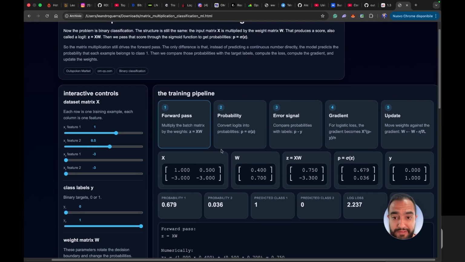In order to have that, we need a matrix, and the learning process is essentially matrix multiplication. It doesn't matter if we are speaking about a linear regression, or neural networks, or the so sophisticated transformers that we have in large language models.